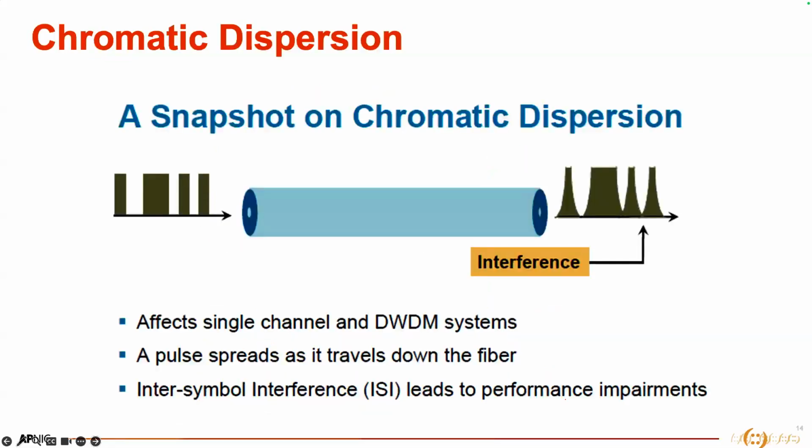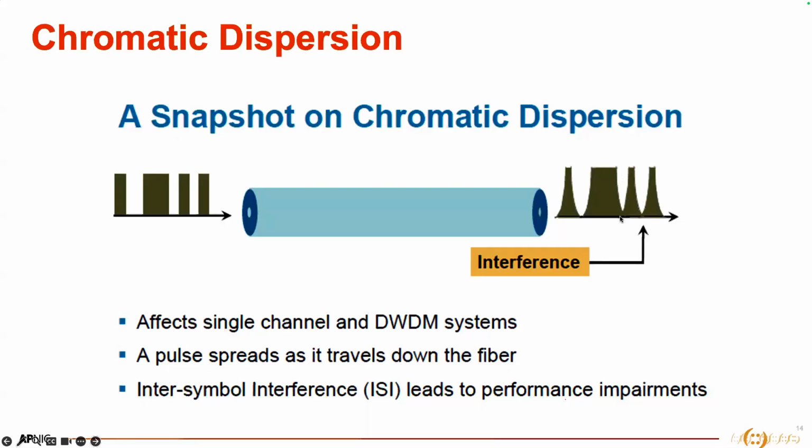So what is happening? In the case of chromatic dispersion, the wavelengths are like this with appropriate gaps among each other. Between each two consecutive wavelengths there is a clear gap, right? But when chromatic dispersion happens, the shapes of the wavelengths spread and overlap with each other.